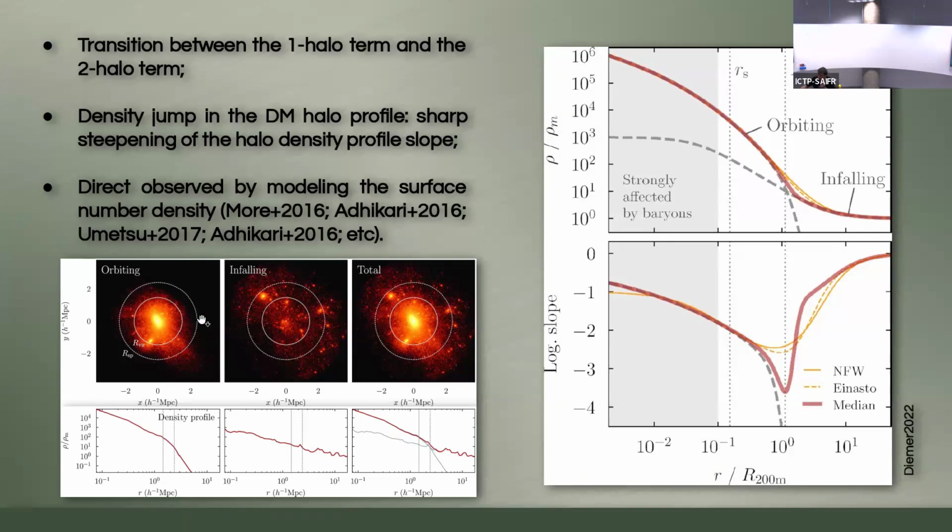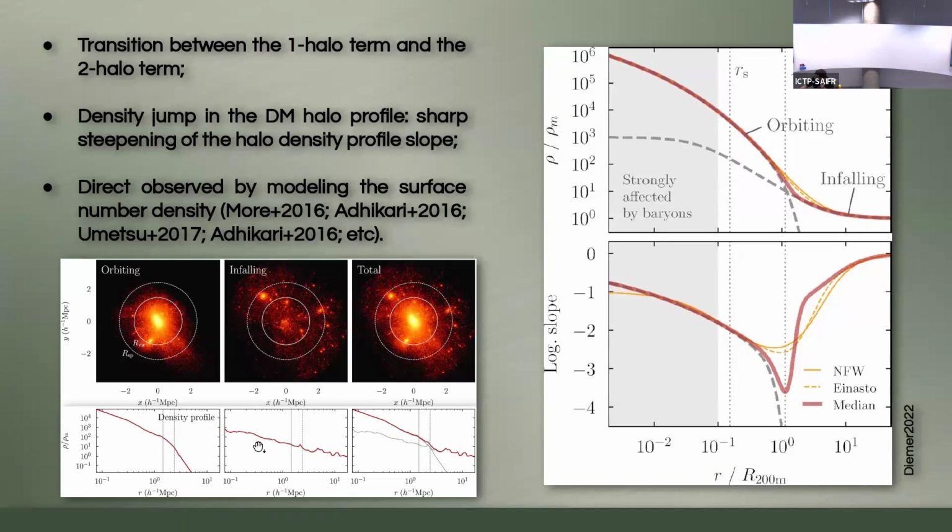So here we have the part in the center, the orbiting region, the infalling region, and the total. You can see that in the center we have a profile that's kind of truncated, going to zero really sharply.